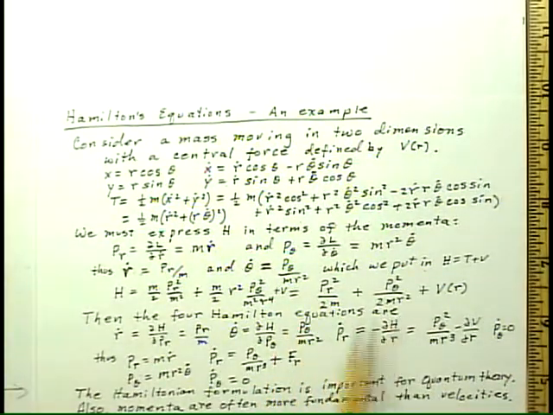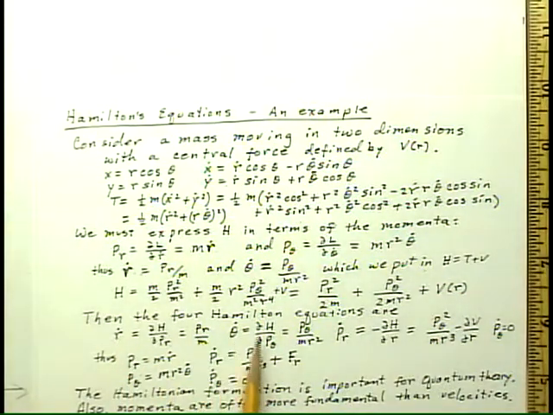Hamilton's equations are then as follows. r dot is the partial of H with respect to p r. Well, we can take that very quickly by taking the derivative of this Hamiltonian, which is right over here, with respect to p r. There's no p r here, no p r here, so we get 2 p r over 2m, which gives us p r over m, and that gives us r dot.